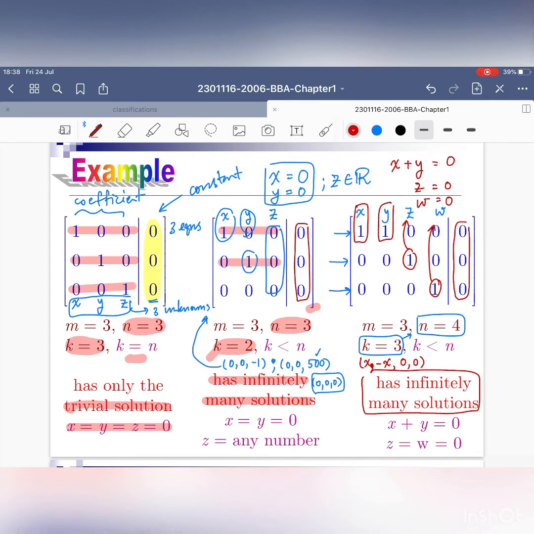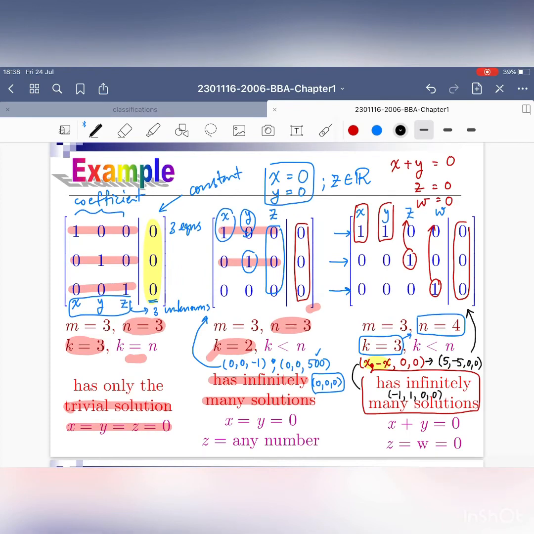So the solution depends on the value of x. For example, if we fix your x to be 5, so you have 5, negative 5, 0, and 0 as one of your solutions to this system. Or you can think of negative 1, 1, 0, 0.